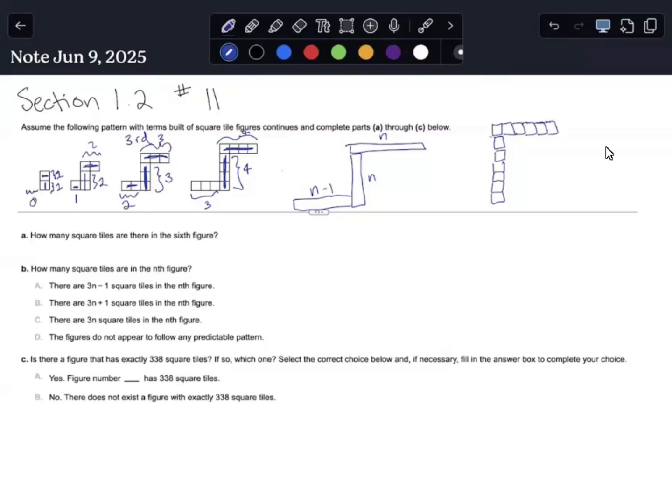And then my tail would have 5: 1, 2, 3, 4, 5. So this has a total of 17 square blocks.